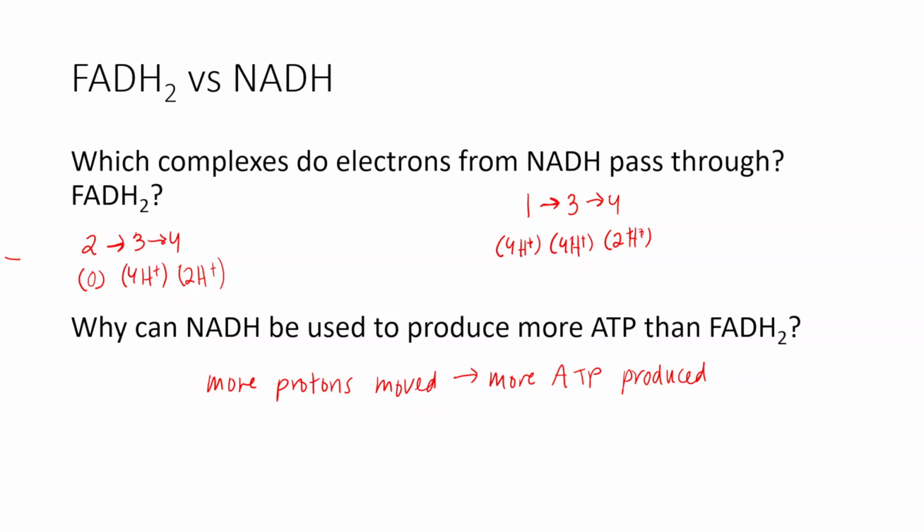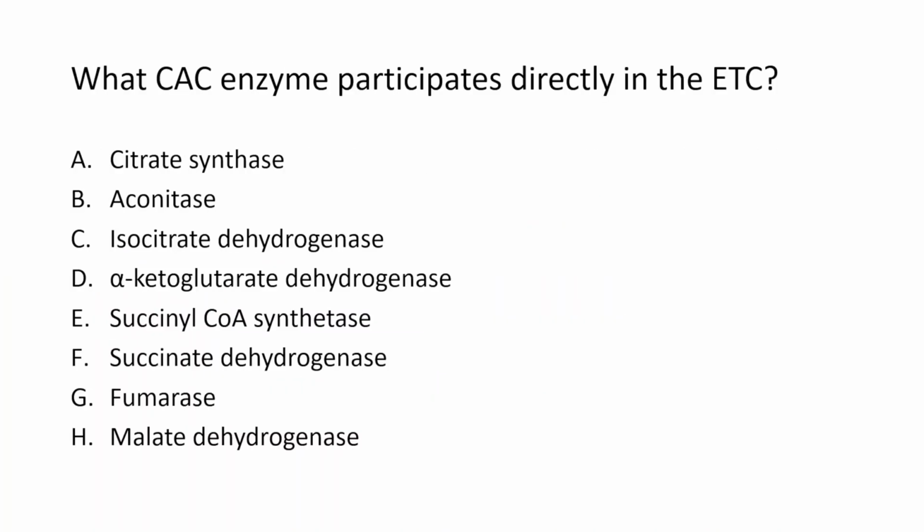So that brings us to our direct connection to the citric acid cycle. Of our 8 citric acid cycle enzymes, which one participates directly in the electron transport complex? Yeah, F, that's right, succinate dehydrogenase. What's special about this enzyme? What electron carrier does it reduce?